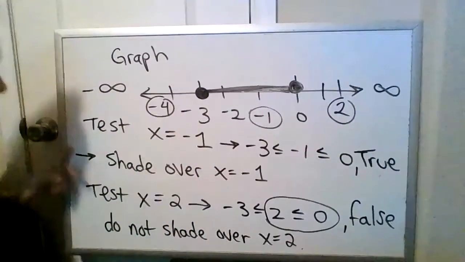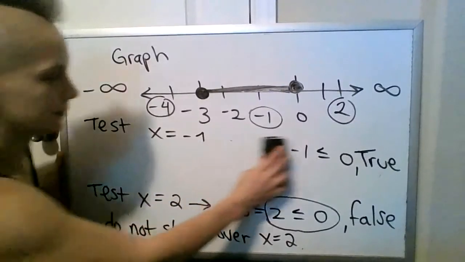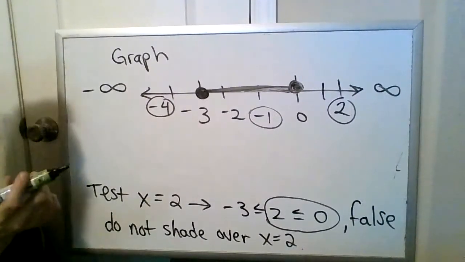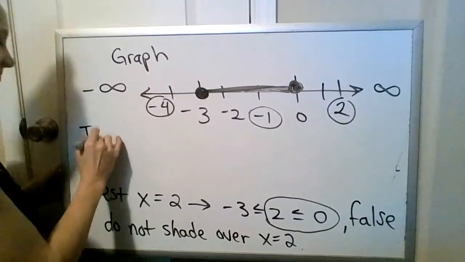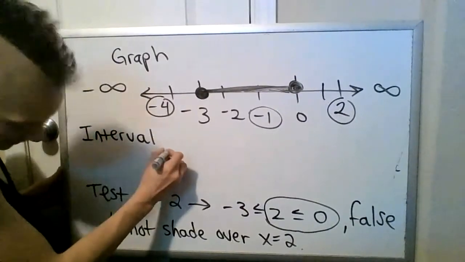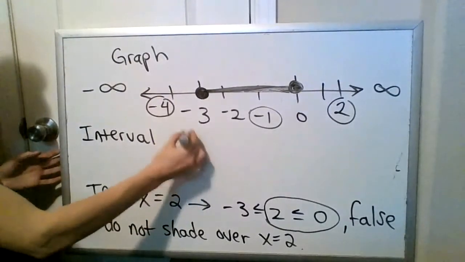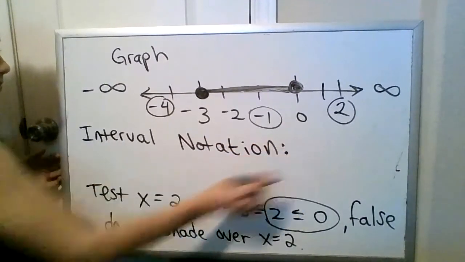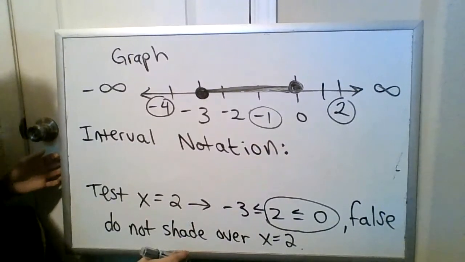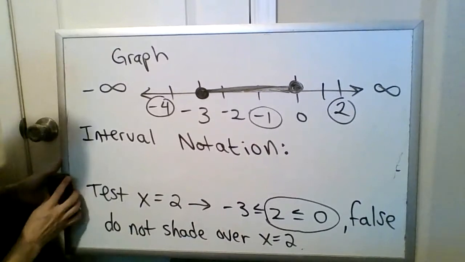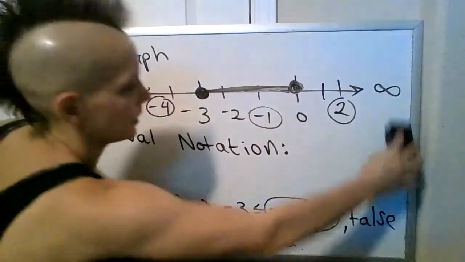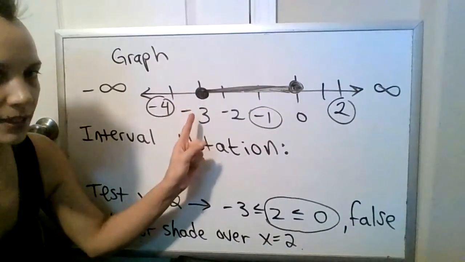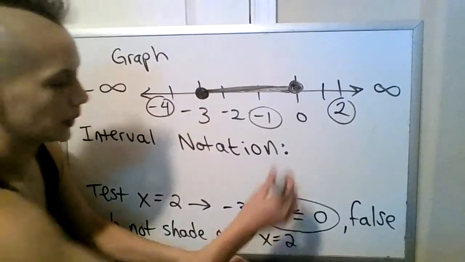And then we want to write the set in interval notation. Okay, so it's a set, and how we write it is to start at -3, include -3 with a square bracket.